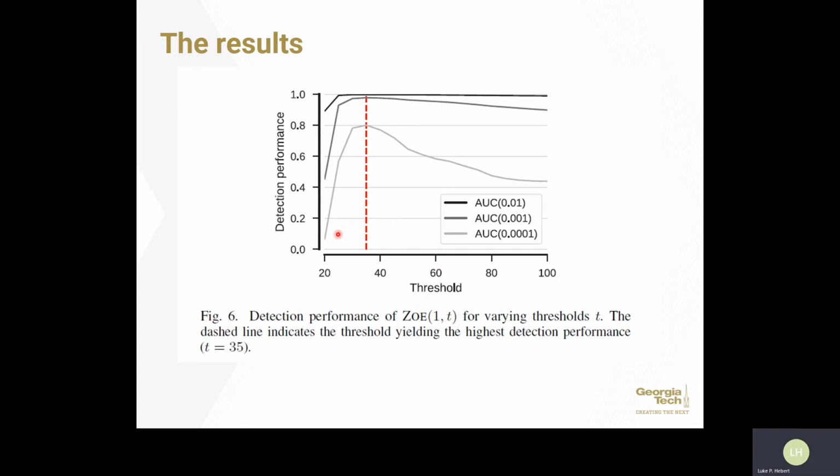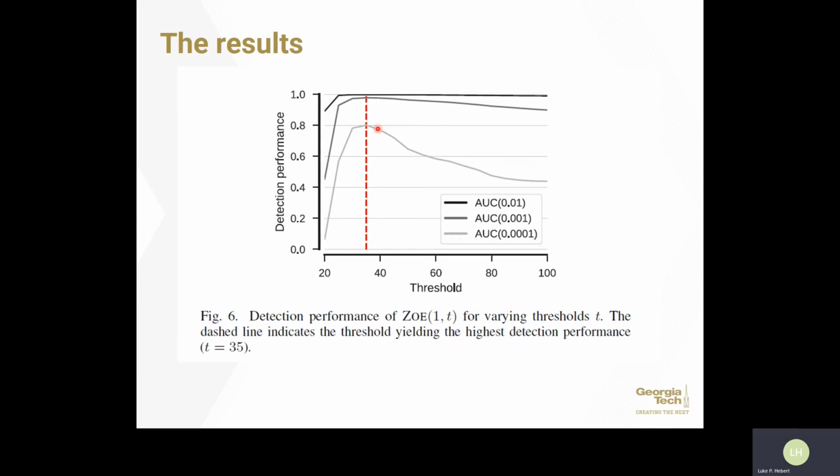Looking at the graph, these 3 lines represent ZOE's performance with different false positive bounds applied. So this is at a false positive bound of 1%, this is at a false positive bound of 0.1%, and this is at a false positive bound of 0.01%. So very stringent requirements here.